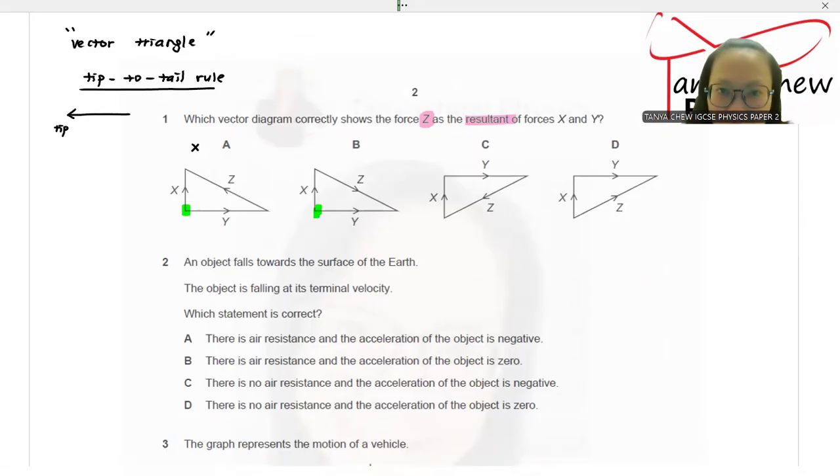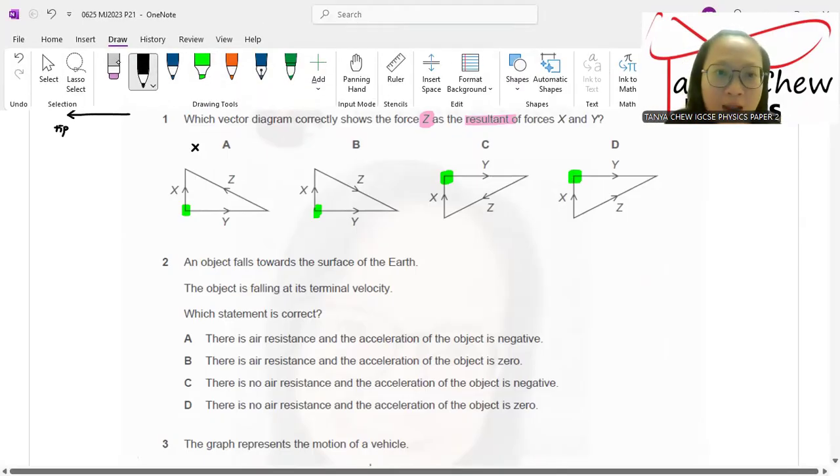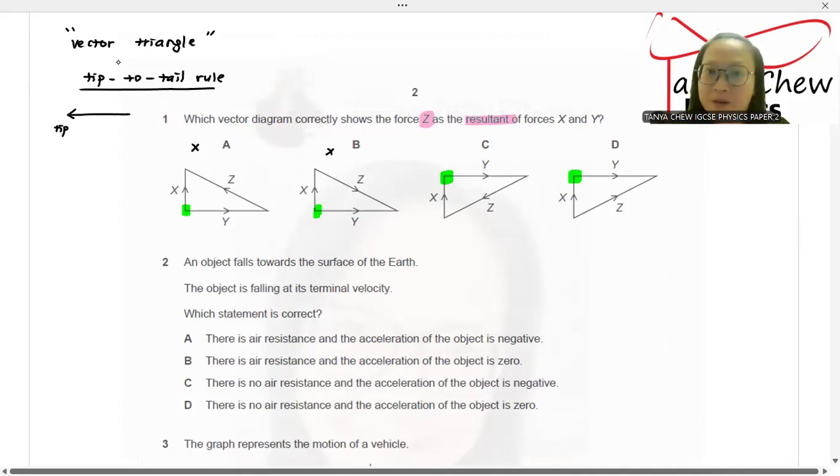What about C? Could you see that the tip of X, look at the arrow of X, X is going up, meaning that the tip of X is meeting the tail of Y. Y is going away from X. This is what we call the tip to tail rule. And look at D. The tip of X is meeting the tail of Y. Same thing here. Now, it cannot be A or B, but it could be C or D. Don't worry about that.